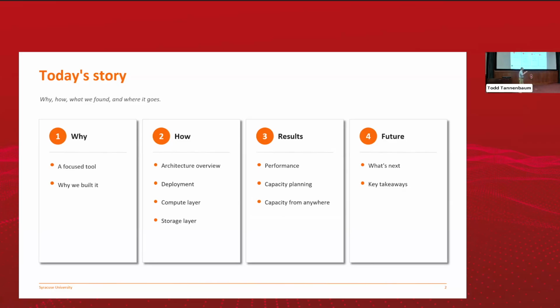And we're going to talk about the deployment of these elastic nodes in the cloud. And we're going to talk about the compute layer and the storage layer. Next, I'm going to give you some performance numbers, what this looks like in our beta testing when we're actually running this particular workflow. And I'm going to show you an MCP server that we built to help with capacity planning and purchasing.